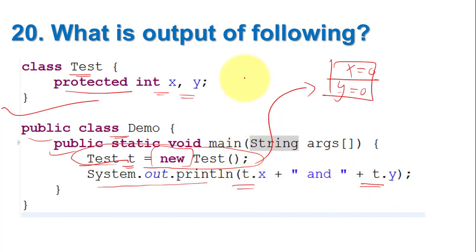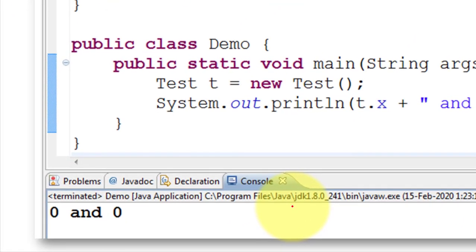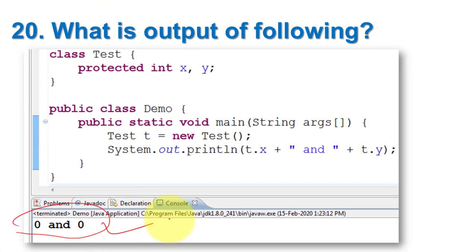As you can see, t is the reference variable and it will print the x value, so it will print 0, plus you have a string, and plus you have the y value, which is also 0. So it's going to convert the numbers to strings because it's a concatenation. In the end it will connect them all together and print the string 0 and 0. So the answer would be 0 and 0, as you can check here.